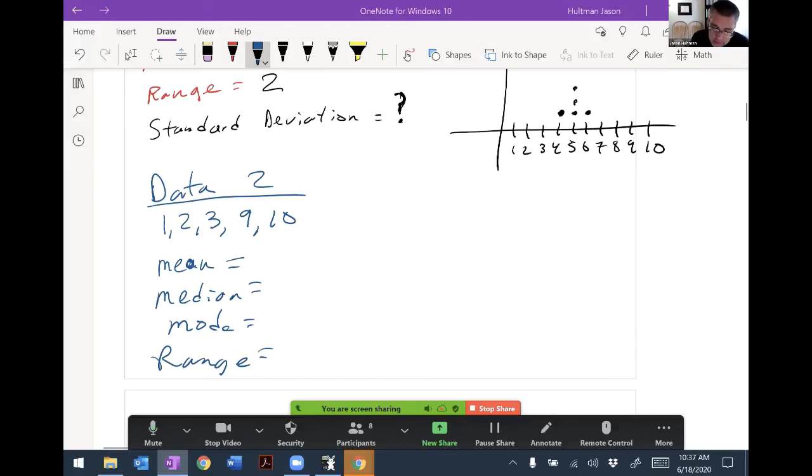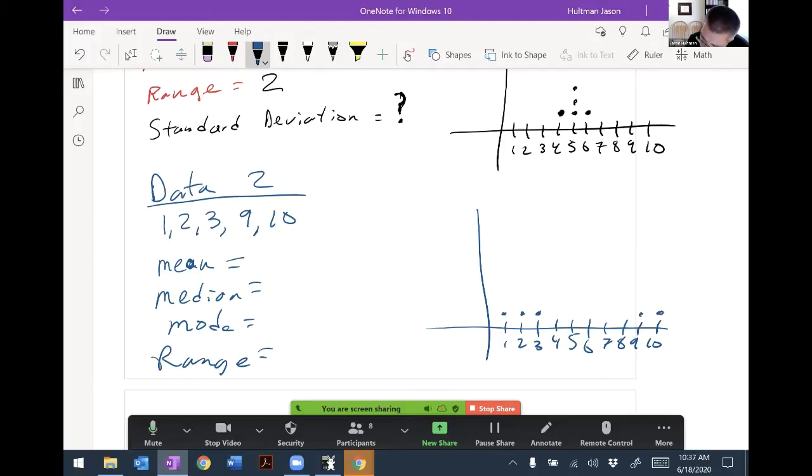Let's look at the data for data set 2 here. We're going to go 1, 2, 3, 4, 5, 6, 7, 8, 9, and 10. For this data set, it's going to be 1, 2, 3, 9, and 10.